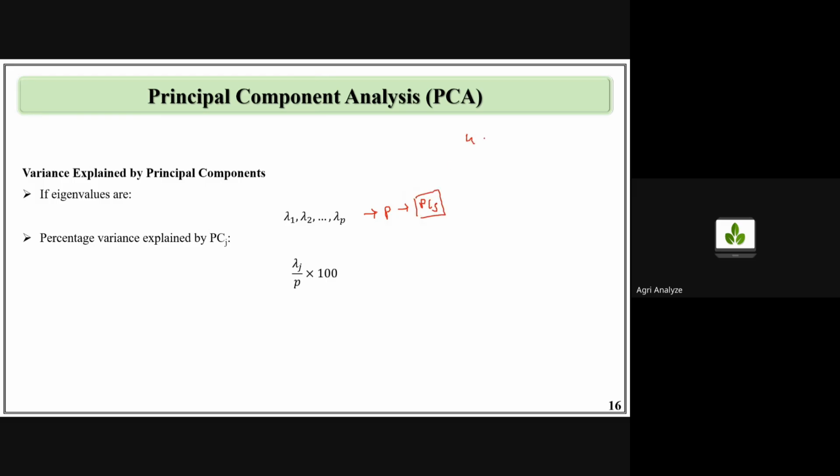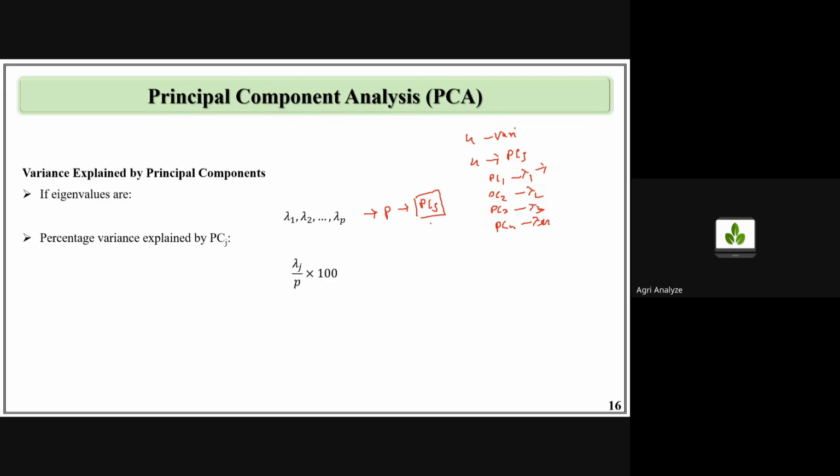If we have 4 variables, then principal component analysis produces 4 components: PC1, PC2, PC3, and PC4. Lambda 1, lambda 2, lambda 3, and lambda 4 are the eigenvalues, which show which principal component has the maximum variance.